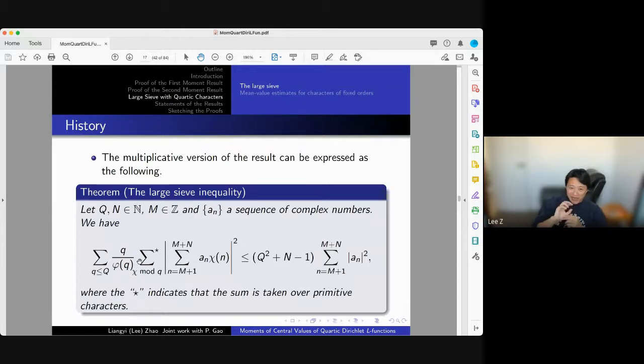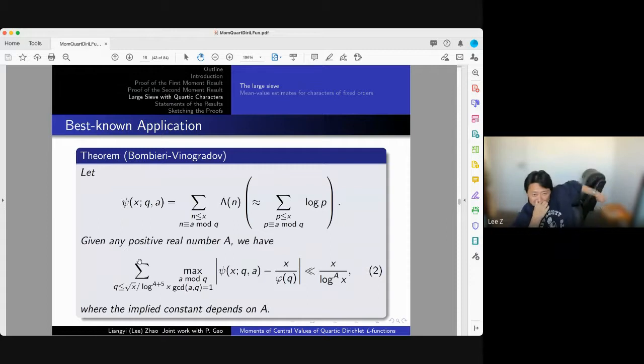Well, okay, I don't have enough time to go into the details because this is a very useful result. Probably the best known use of this result is what's called the Bombieri-Vinogradov theorem. I may not have time to discuss the full beauty of this result, but we can at least try. If you take a look at this psi(x; q, a), think of this lambda n as the prime detecting function.